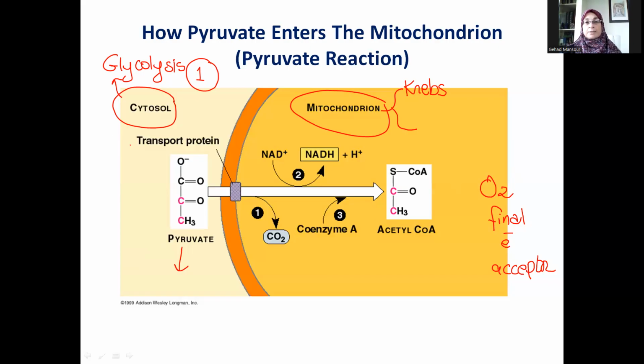So pyruvic acid in such a case would need to enter the mitochondrion. This is the formula of pyruvic acid. As you see, it is a 3-carbon compound, and it is CH3, C double bond O, C double bond OOH. So here we have a carboxylic group.